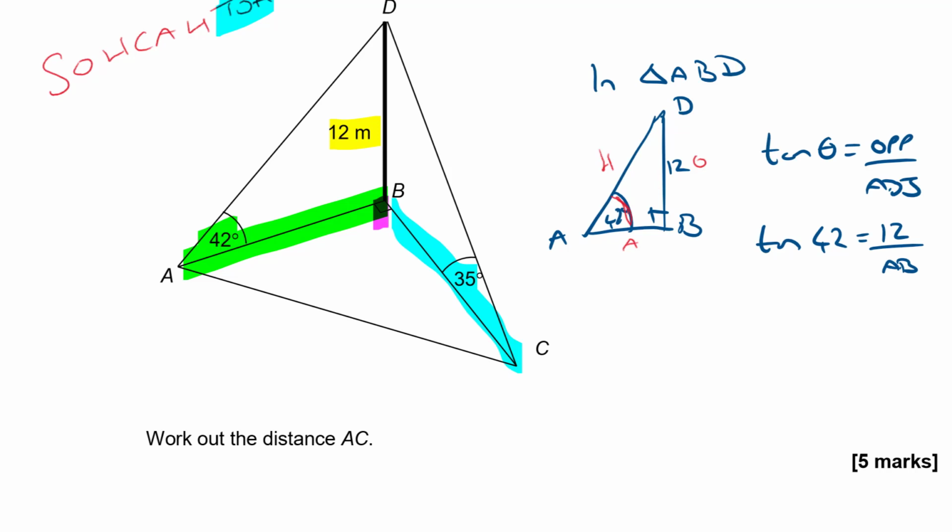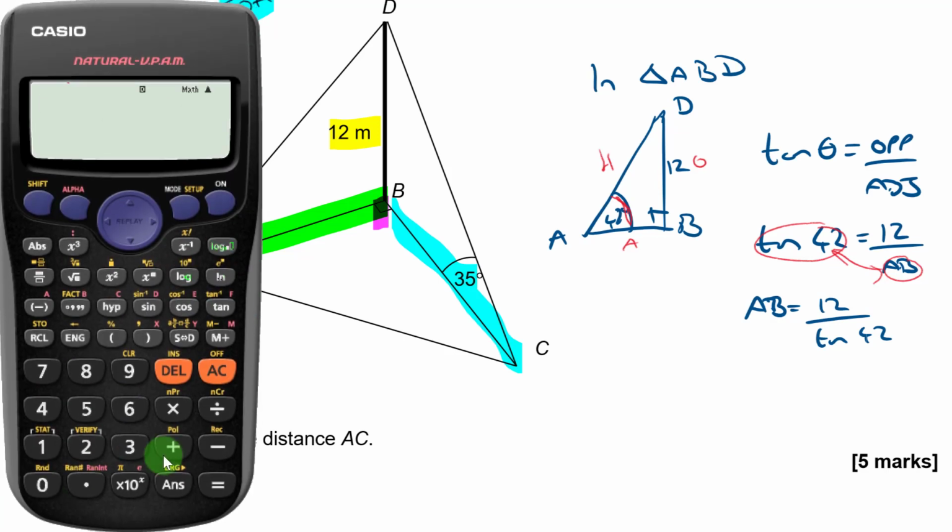So then, rearranging that, cross multiplying that AB up there, and the tan 42 back down again, I'm going to get that the side AB is going to be 12 divided by the tan of 42. So reaching for the calculator, 12 divided by tan 42, I make that 13.3.